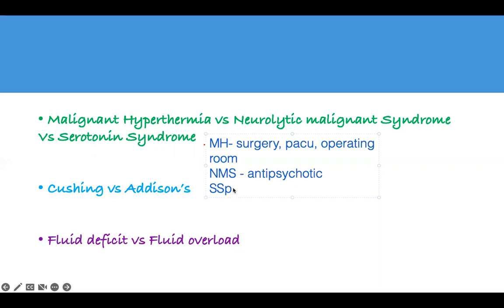Somebody on SSRI, like fluoxetine or maybe sertraline. Antipsychotic, you know them. Clozapine or olanzapine, risperidone, a bunch of them. If you know them, he said, okay, what is common about all of these guys? What is common about them?